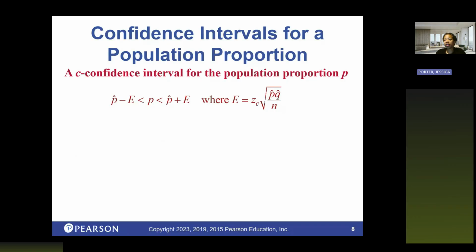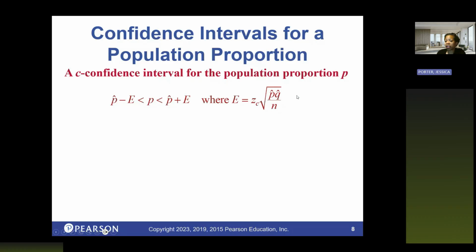Now, to build a confidence interval for the population proportion, the margin of error is looking a little bit different than what we worked with before. The margin of error is equal to z critical times the square root of p hat times q hat divided by n.